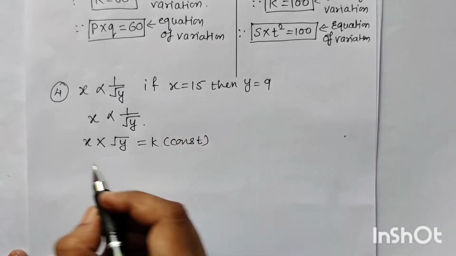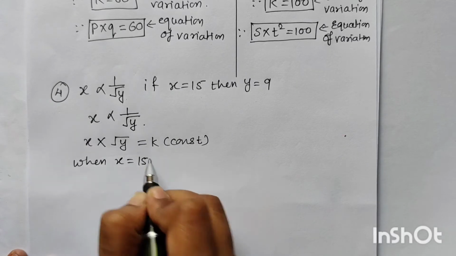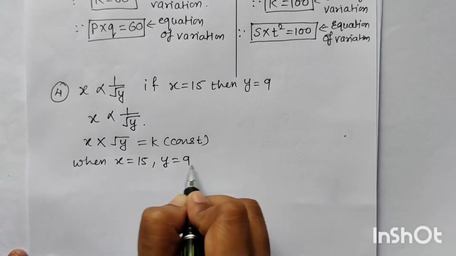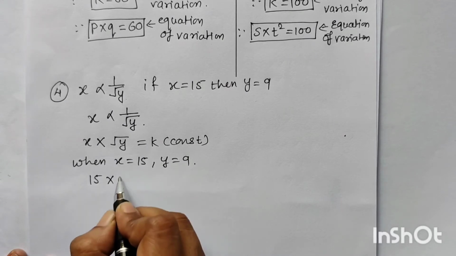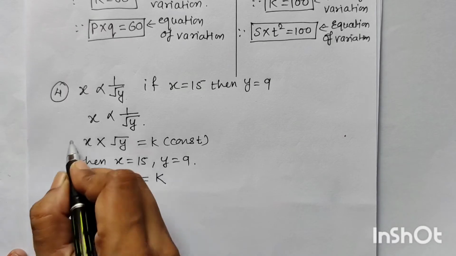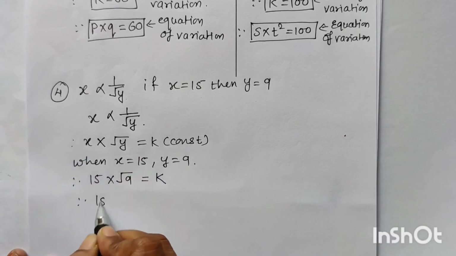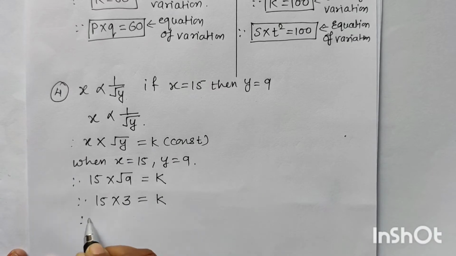Then we are given the values: when x is equal to 15, y is equal to 9. So in place of x we write 15 multiplied by the square root of y, that means square root of 9, is equal to k. Now 15 multiplied by, what is the square root of 9? It is 3. You all know that. 15 3s are 45, is equal to k.